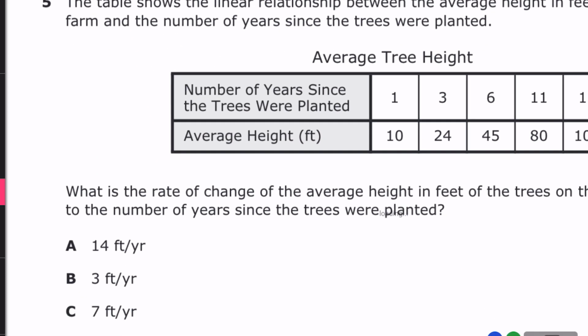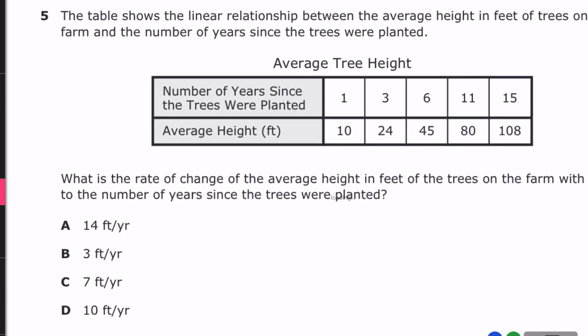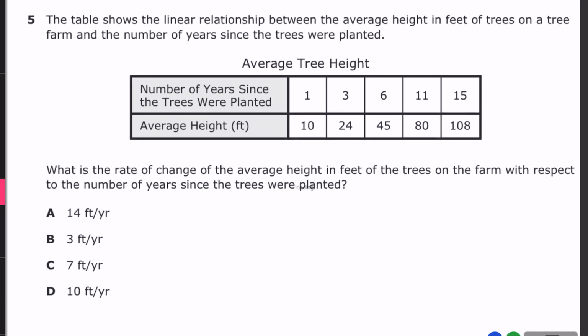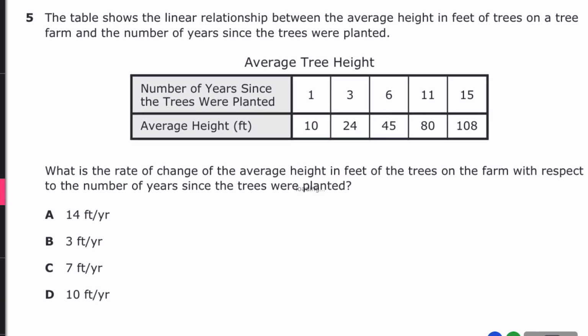So therefore G is our correct option for the fourth one. Now next, going into the fifth one, the table shows the linear relationship between the average height in feet of trees on a tree farm and the number of years since the trees were planted.